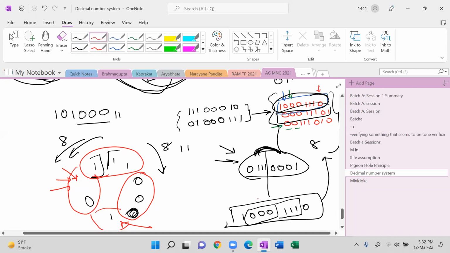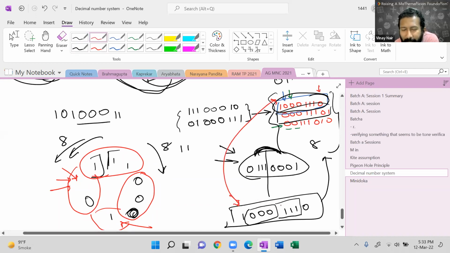If you take this arrangement, 0 0 0 is followed by 1 1 1. But if you take this one, you will never get 0 0 0 followed by 1 1 1, because 1 1 1 is always going to be before 0 0 0.